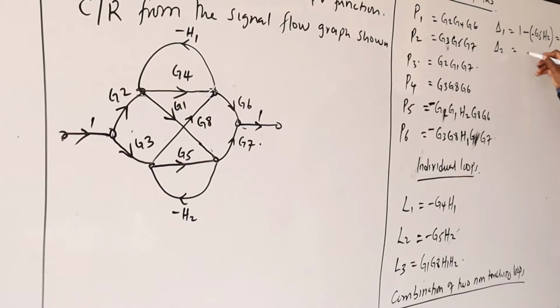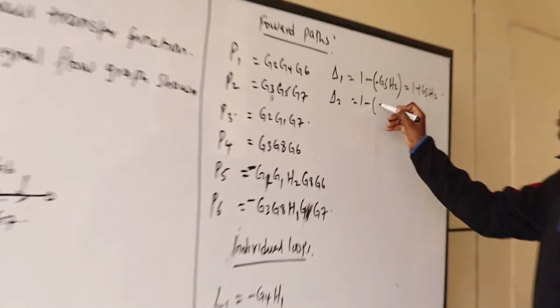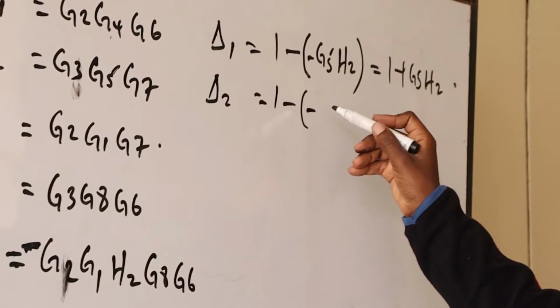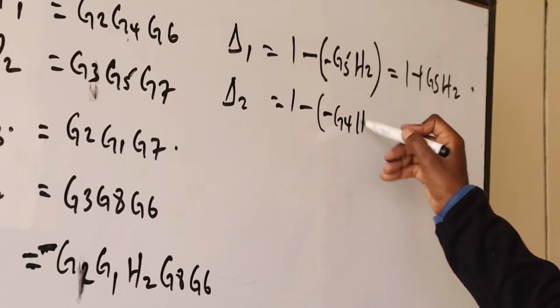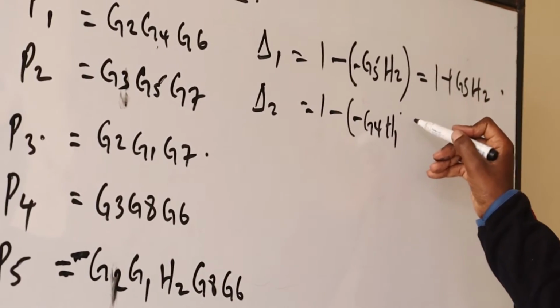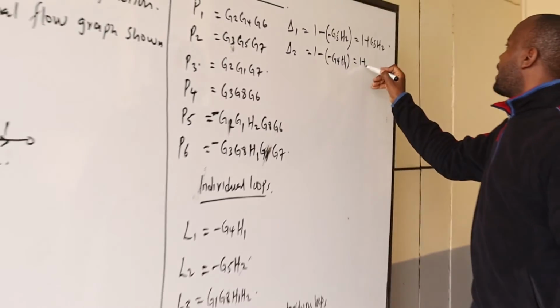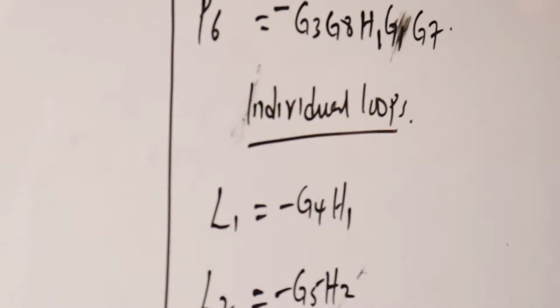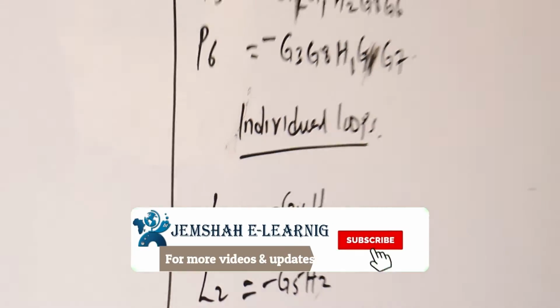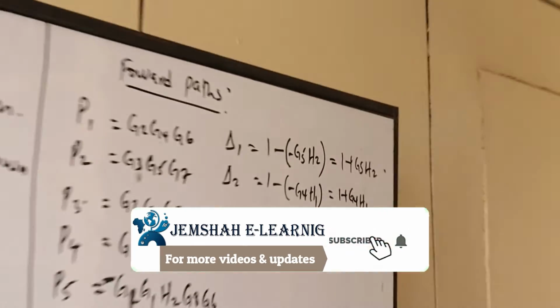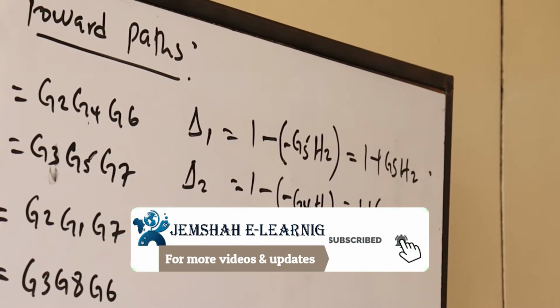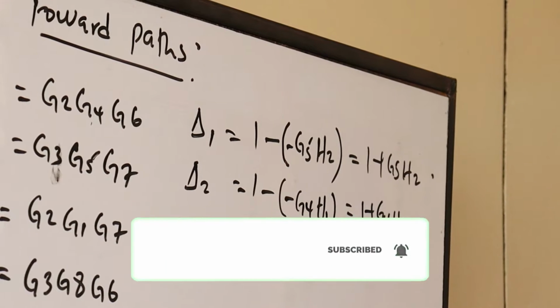Therefore it will be 1 minus (minus G4 H1), which of course is 1 plus G4 H1. That is the determinant for that case. So in that case now, we have those determinants.